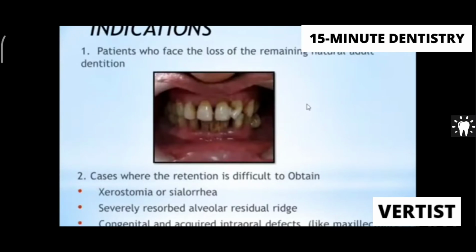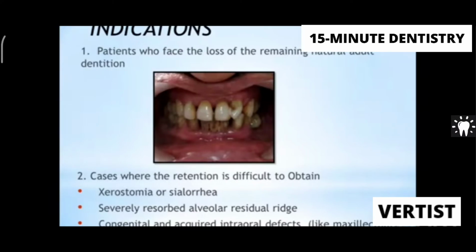So what are the indications? Now see, some patients come to you, and you realize that all the natural dentition the patient has is in a compromised state, right? Either periodontally weak or carious or RC treated and not restored. There are so many conditions where you feel that this natural dentition cannot be preserved. So that is the first indication.